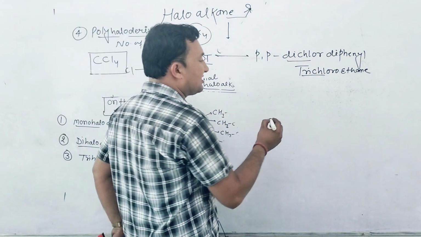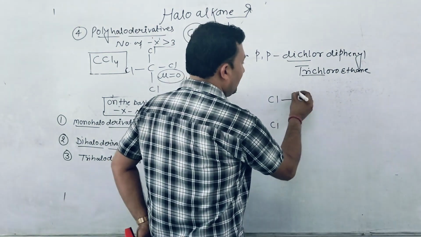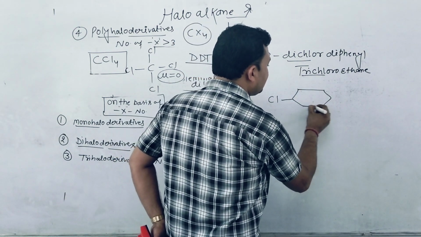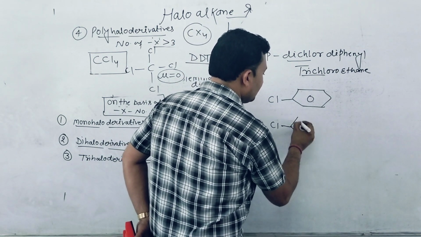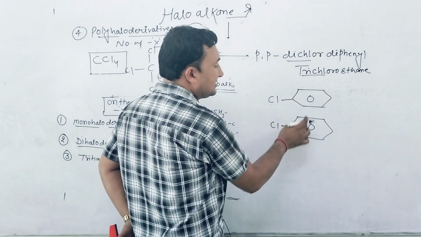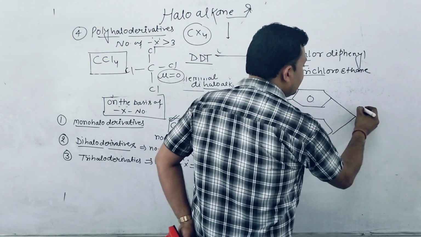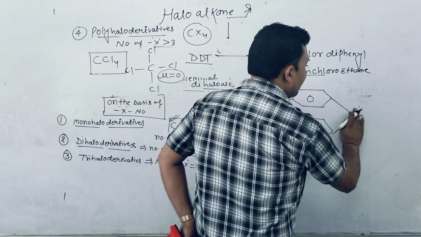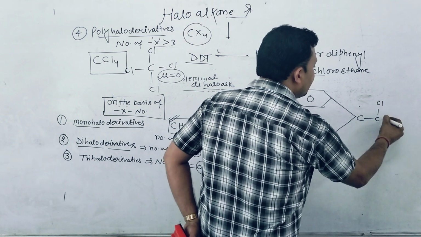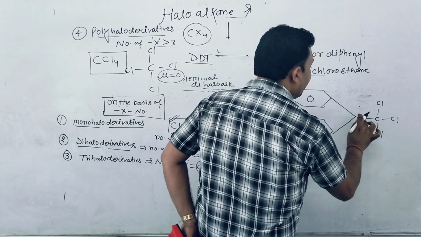If we discuss the structure of that, we are having 2 chlorines on para positions. This is basically the para dichloro, and these are the diphenyl. Then we are having the trichloro part, and we are fulfilling the valency of carbon.